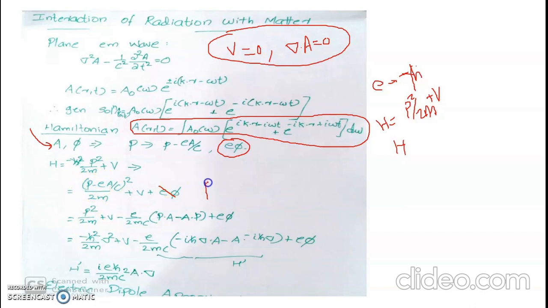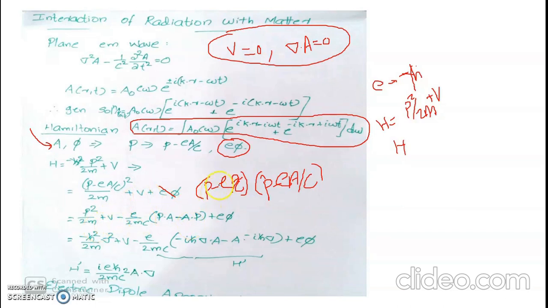So P minus EA by C whole square has the meaning of the operator P minus EA by C operating over itself, P minus EA by C operating over P minus EA by C. Of course, you can put the operator notation. So P operating over P is P square itself by 2m, plus V, which I have also written.